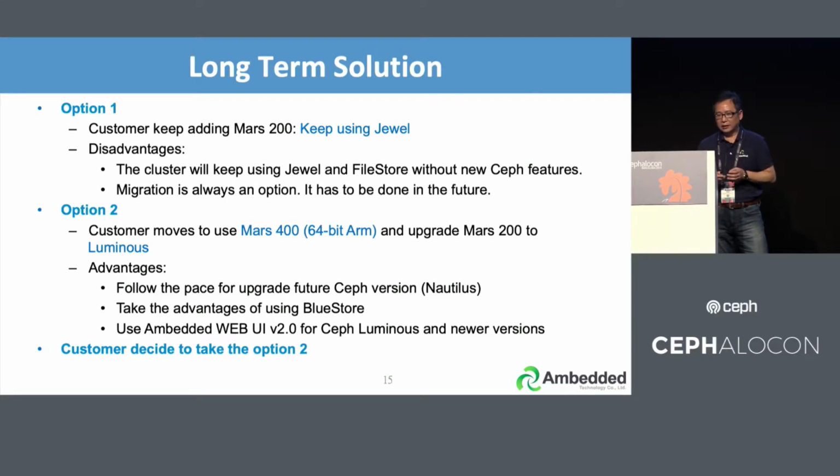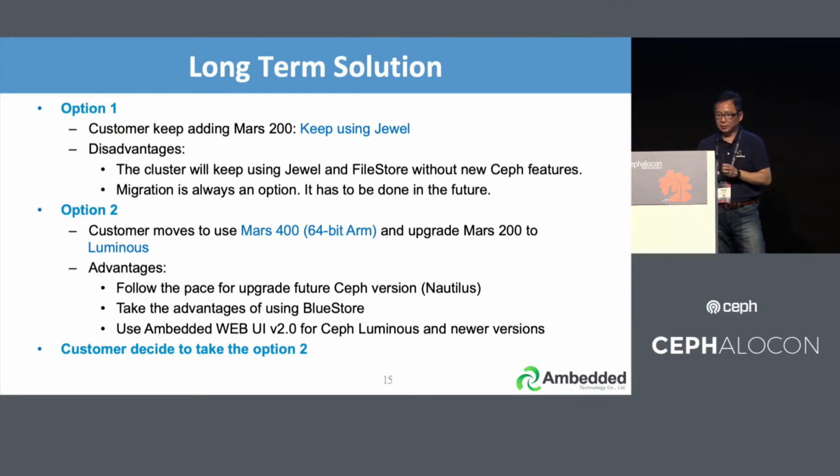But there are some issues that we will meet by mixing this. The advantage is that this allows the customer in the future to follow the pace of Ceph version migration.